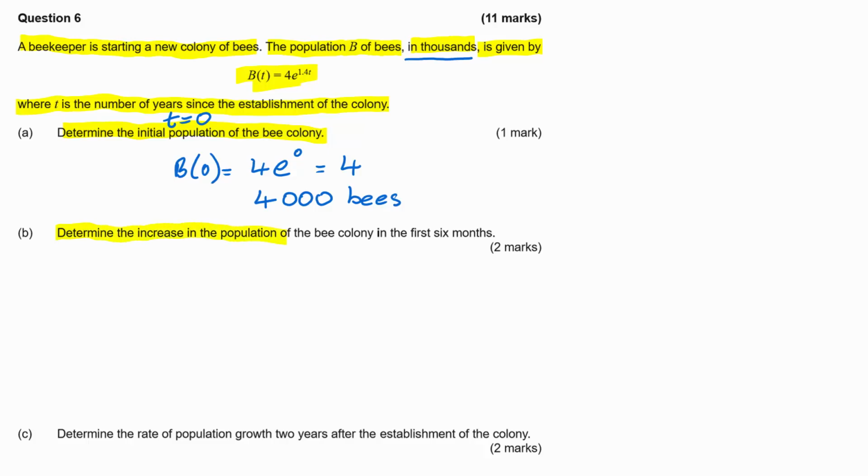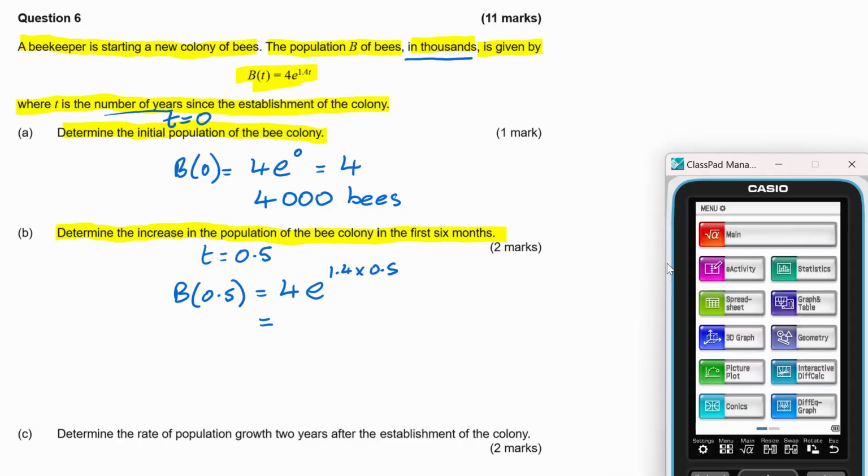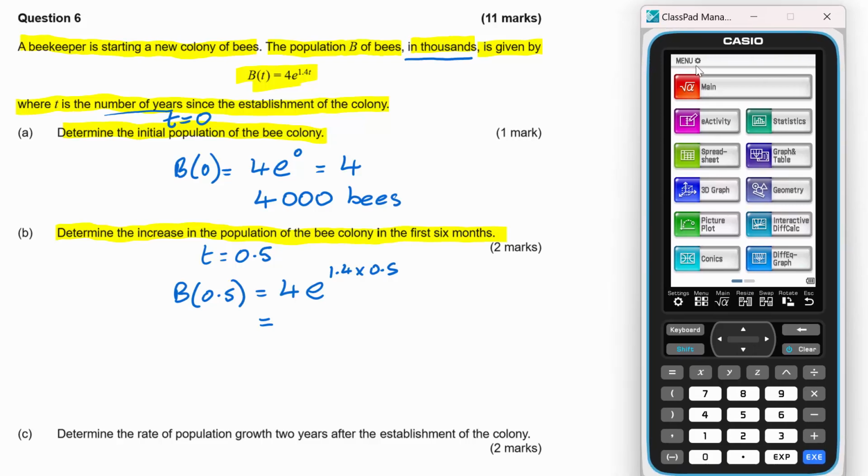Determine the increase in the population of the bee colony in the first 6 months. So t is in years. 6 months would be half a year, so 0.5. So we want B(0.5), which is going to be 4e^(1.4 times 0.5), and we just need to calculate that. So let's bring in the ClassPad.